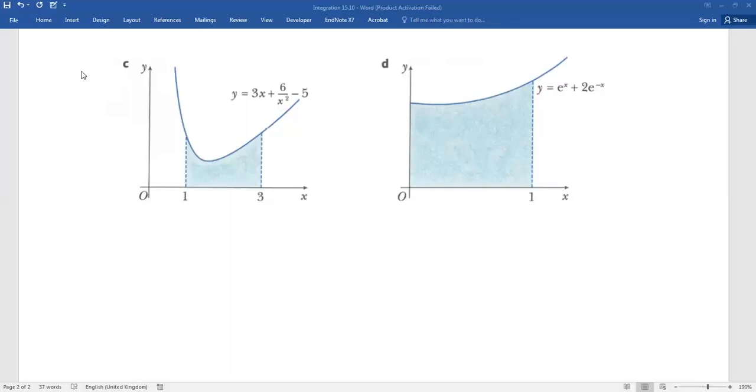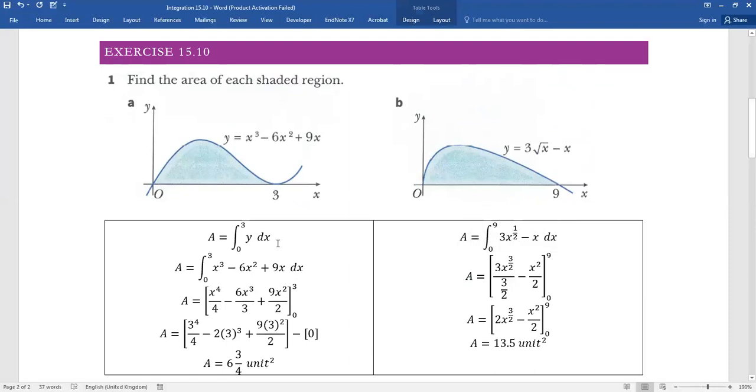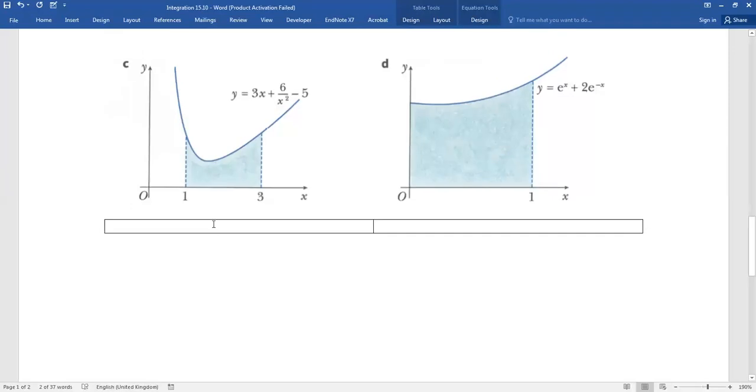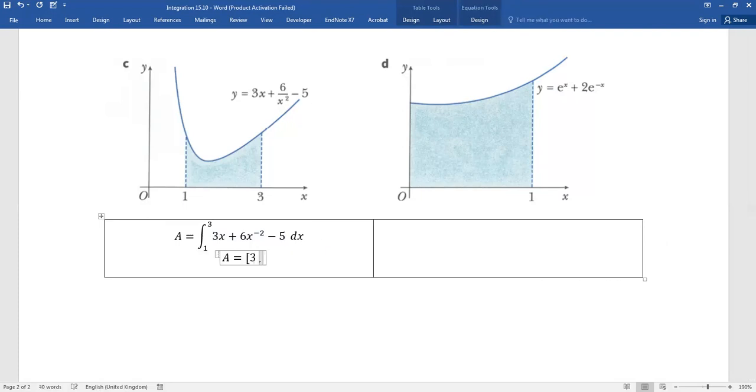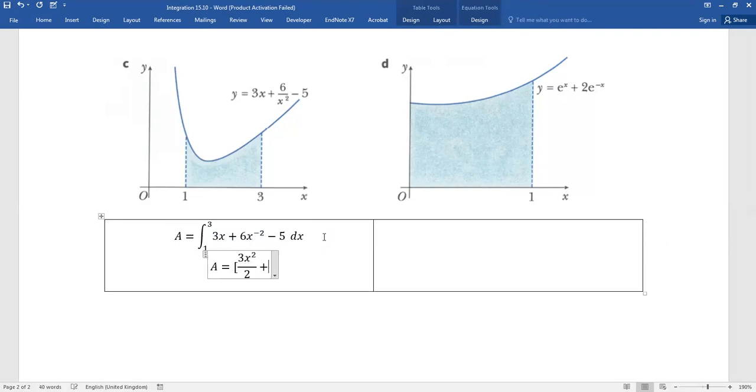Again, in this one, we already know that we need to integrate the equation of curve, which in this case is 3x plus 6x to the power -2 minus 5. Upper limit is 3, lower limit is 1. So 3x square upon 2 plus 6x to the power -1 upon -1 minus 5x.